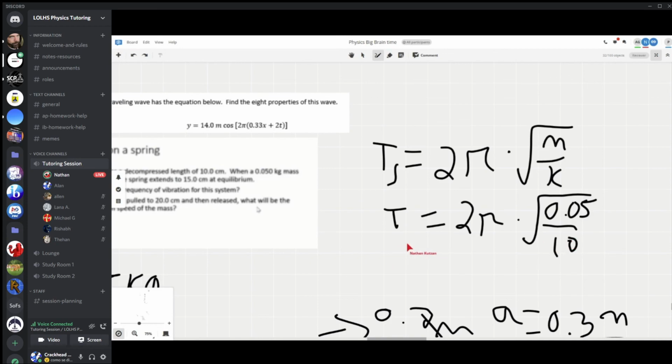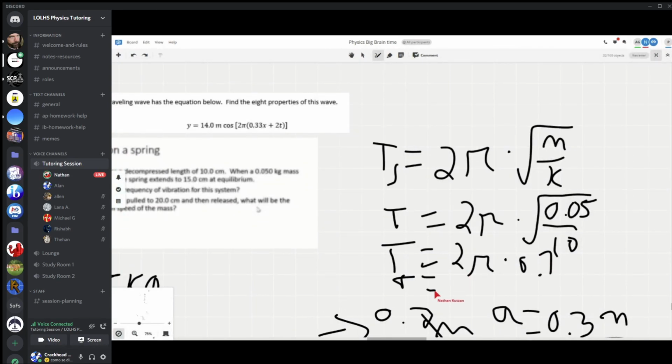If we solve that out, that is going to be 2 pi times 0.7.